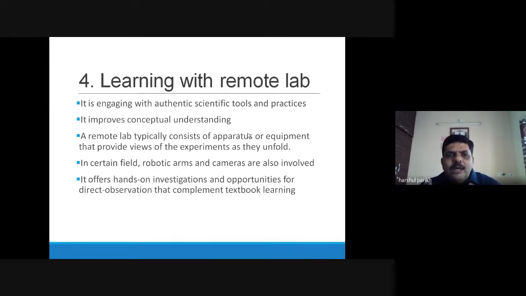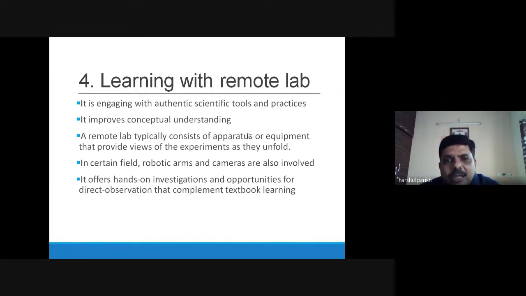What is this remote lab made up of? It is made up of scientific tools. A remote lab consists of apparatus or equipment that provides views of the experiment. That means it is one kind of virtual laboratory.